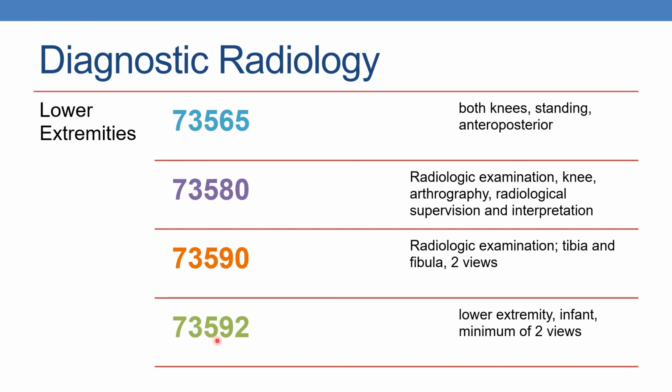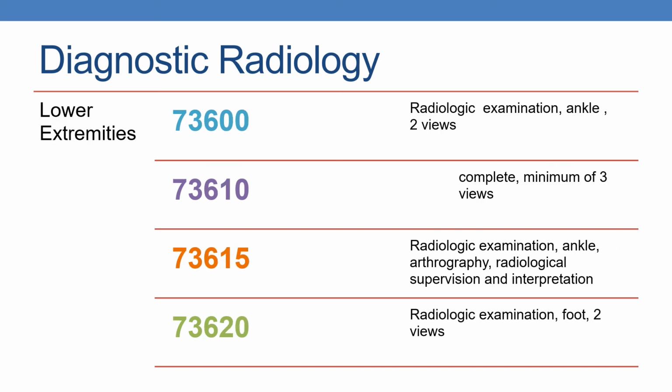The next is 73592, radiological examination lower extremity infant, minimum of 2 views.